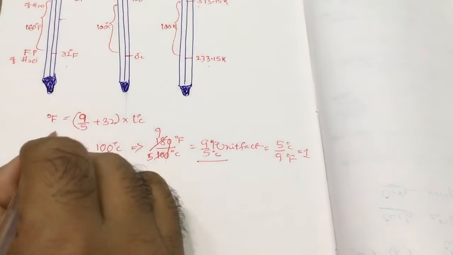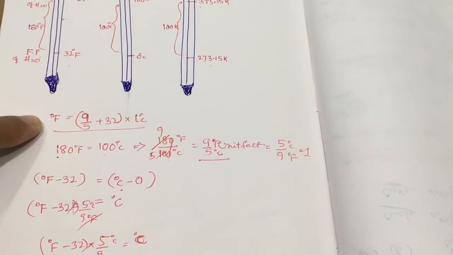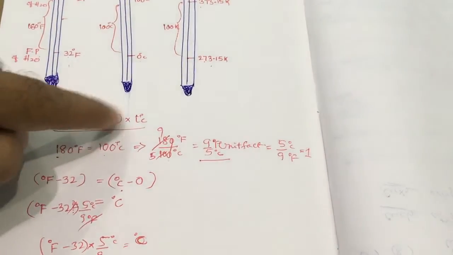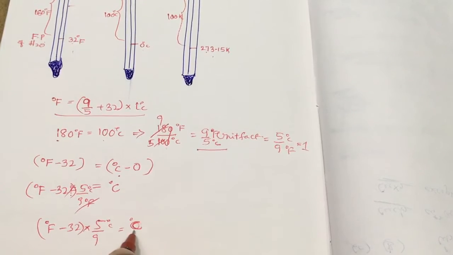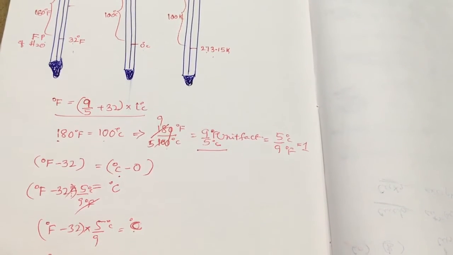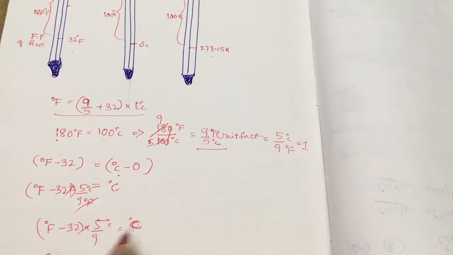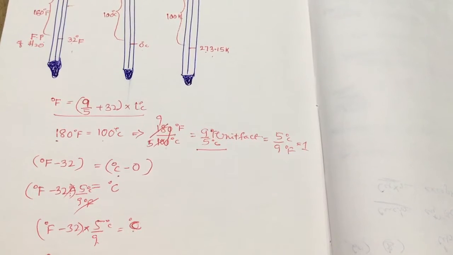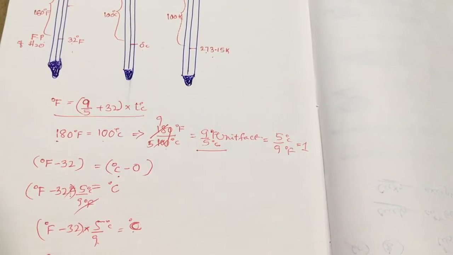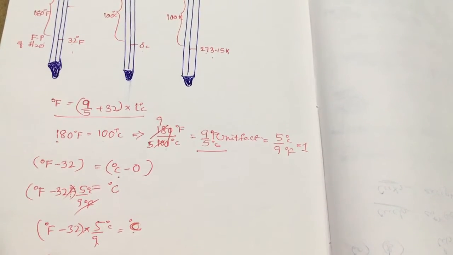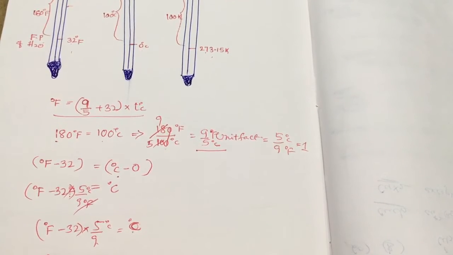Now the formula is degree Fahrenheit is equal to 9 by 5 into T degree Celsius plus 32. Degree Fahrenheit minus 32 goes to the right side; degree Celsius can be written with 9 by 5 multiplied. The degree Celsius unit will cancel, not the number.